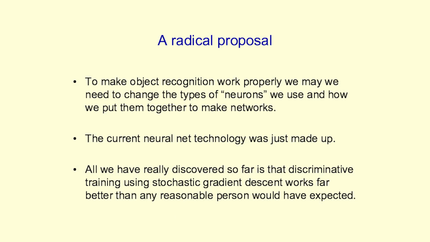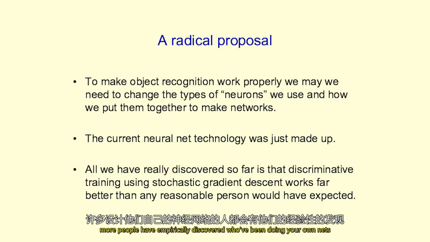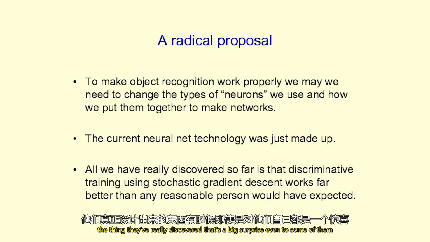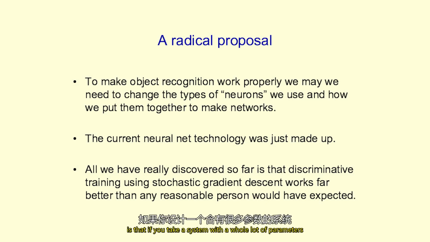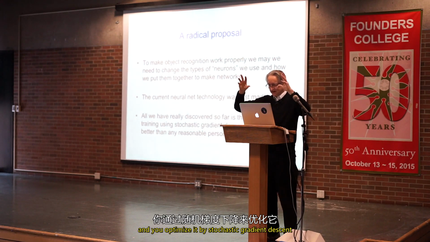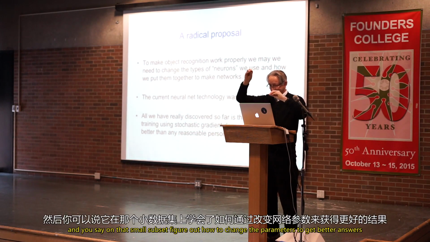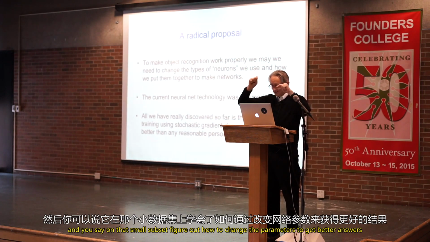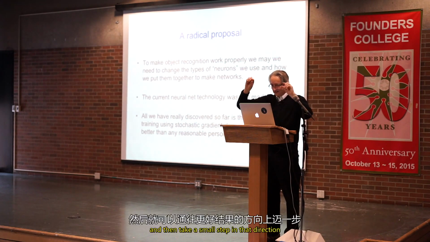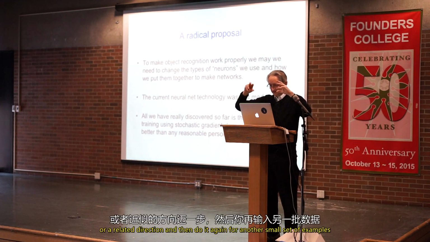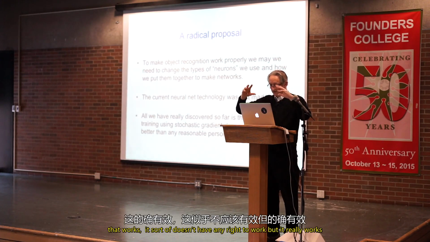What people who've been doing neural nets have really discovered, which is a big surprise even to some of them, is that if you take a system with a whole lot of parameters and you optimize it by stochastic gradient descent, that is, you give it a small subset of all the training cases, and you say, on that small subset, figure out how to change the parameters to get better answers, and then take a small step in that direction, or a related direction, and then do it again for another small set of examples, that works.